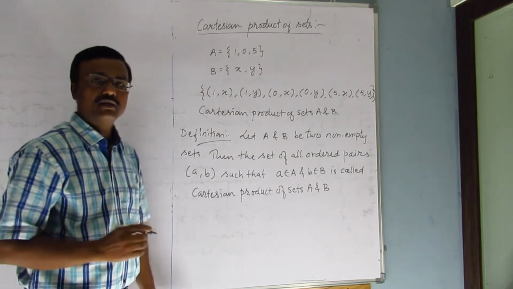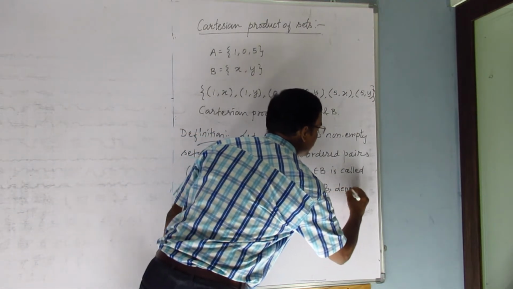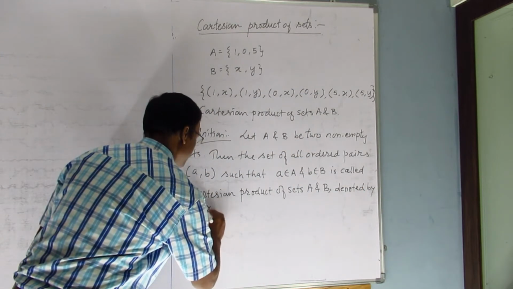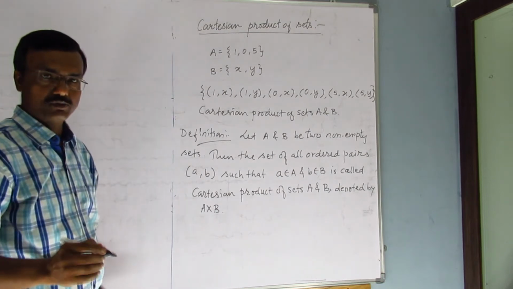It is denoted by A cross B. So I will write, denoted by A cross B. So this is how we denote the Cartesian product of two sets.